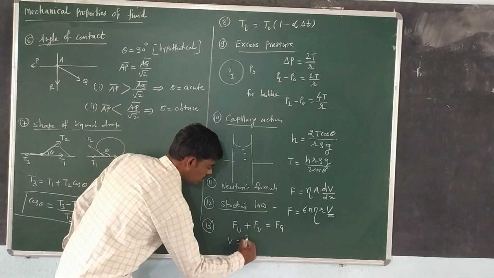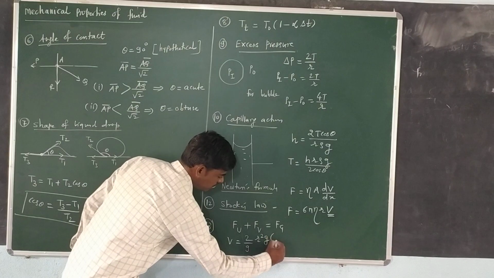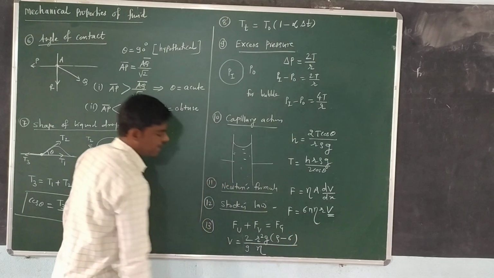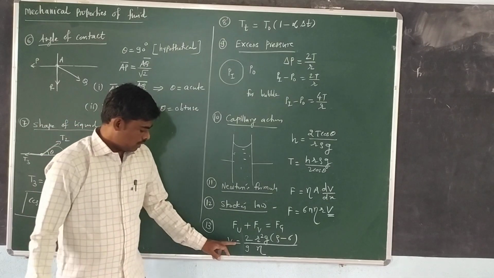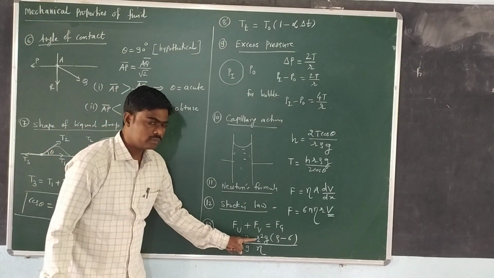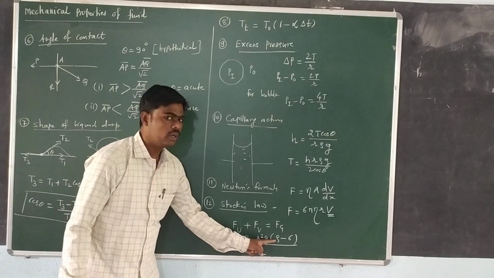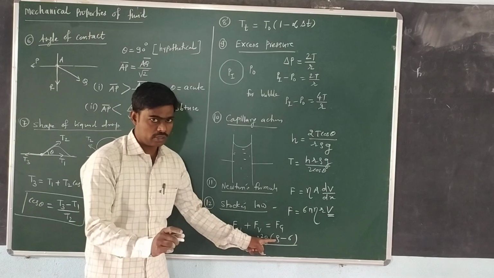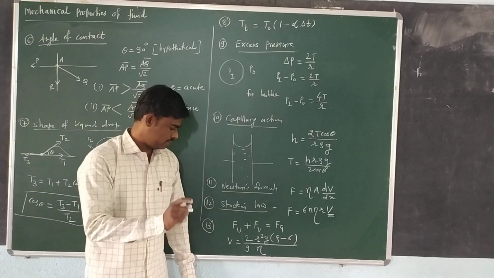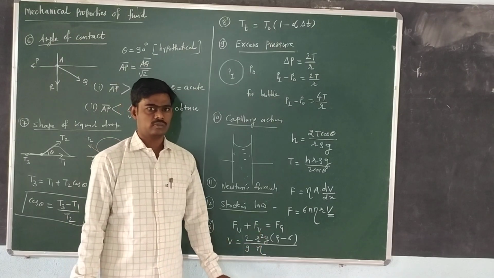That terminal velocity is 2 by 9 r square g (rho minus sigma) upon eta. Remember here r is the radius of the spherical body, g is the acceleration due to gravity, rho is the density of that body, sigma is the density of fluid, and eta is the coefficient of viscosity.